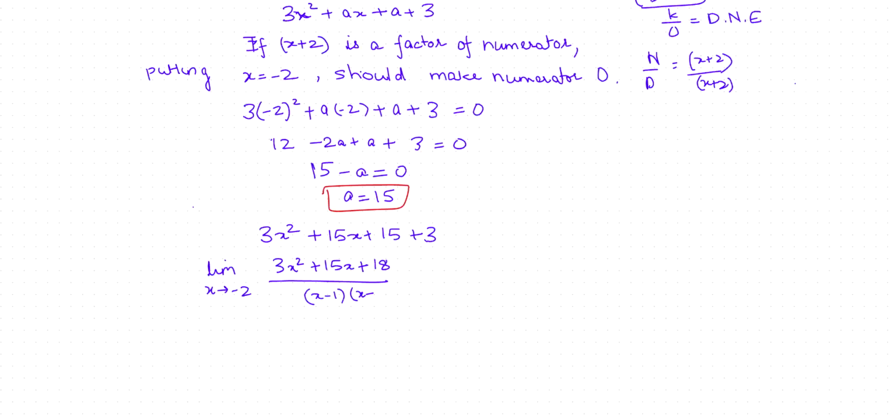If we simplify this, 3x square plus 15x plus 18, we can factor out 3.